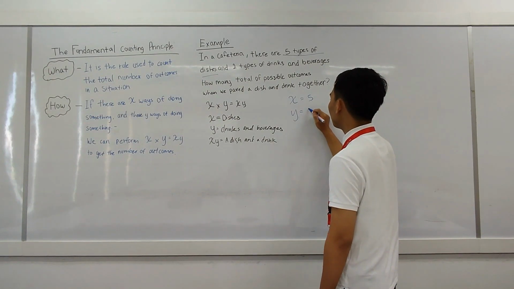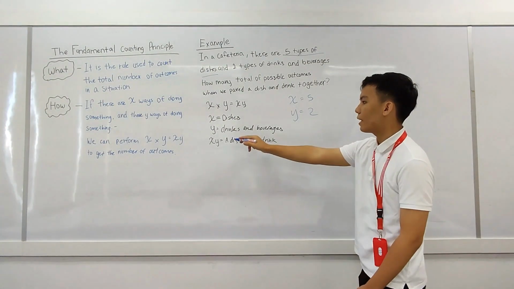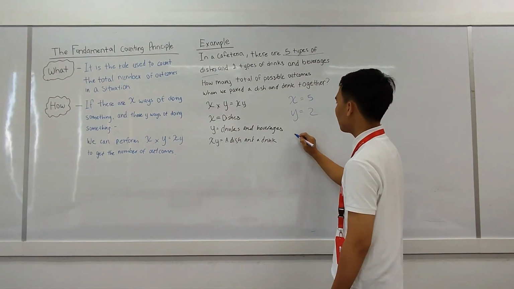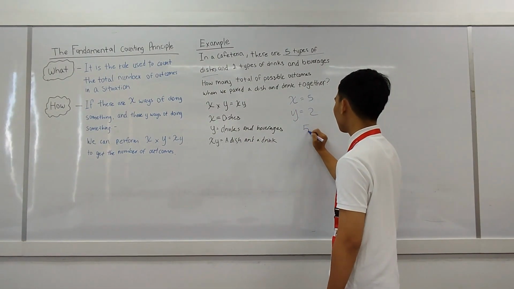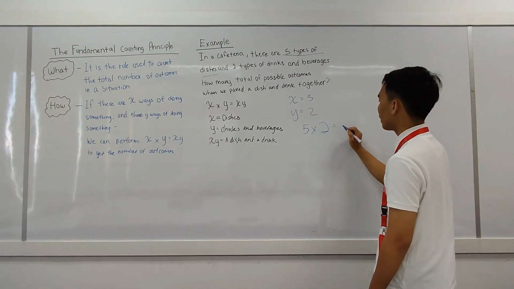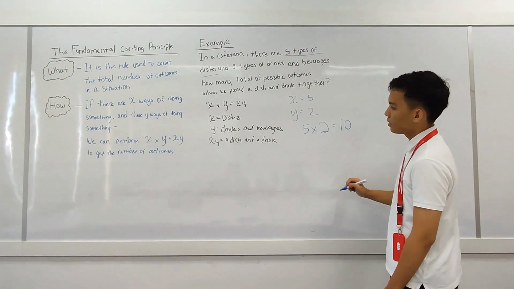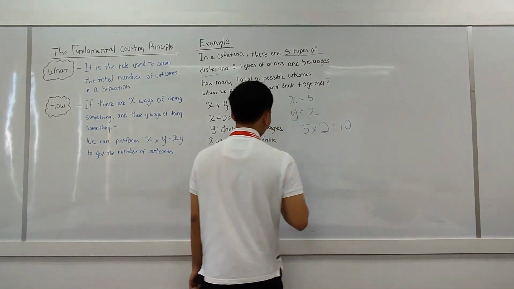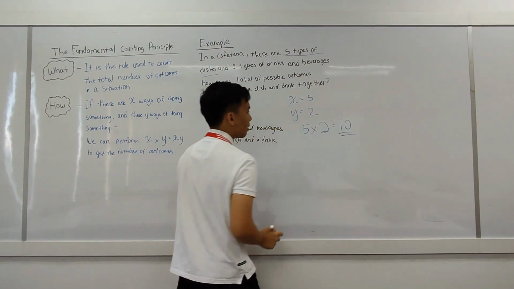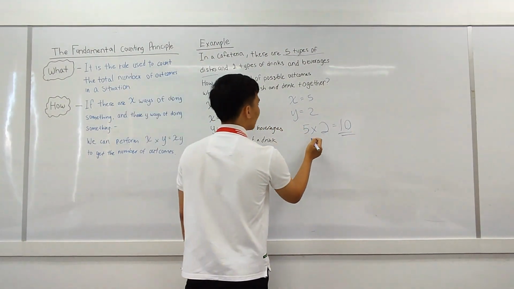So Y is 2. To get XY, we need to times X and Y. So 5 times 2 will get 10. So the total outcome is 10.